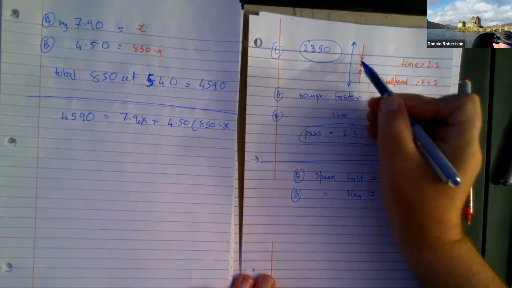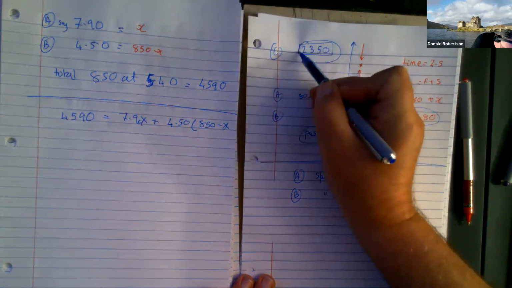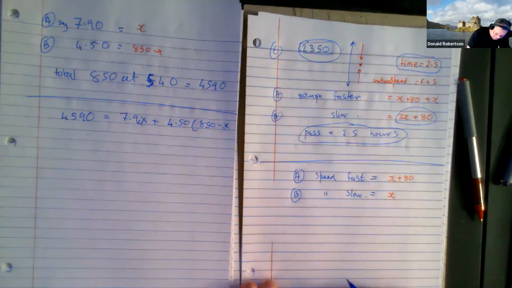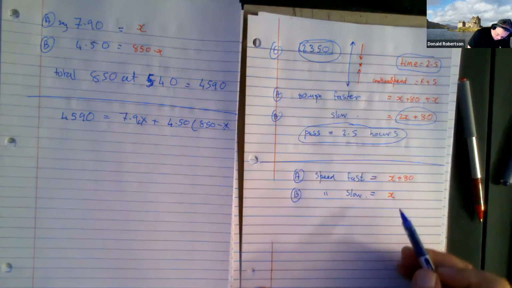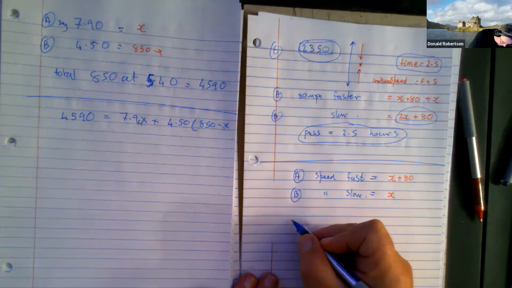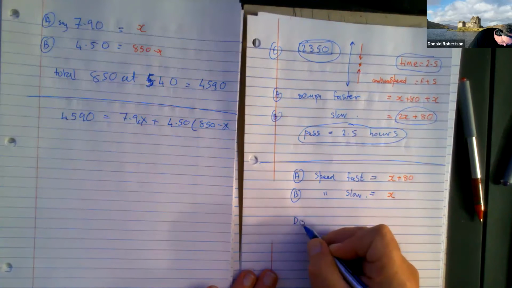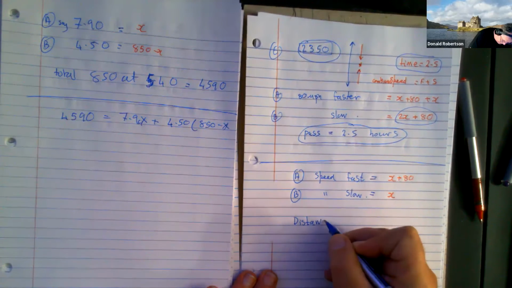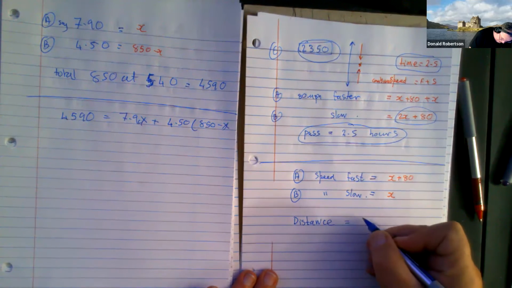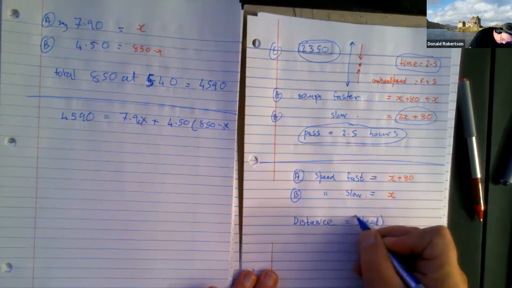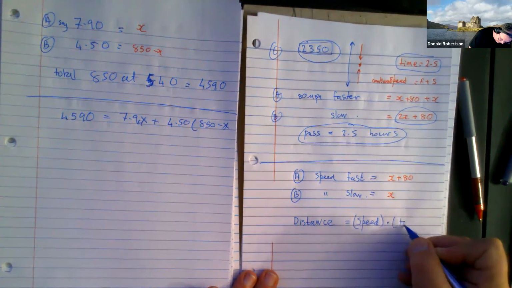Now, I know this distance in 2.5 hours. You see that? This distance in 2.5 hours, right? So if I wanted to do the distance that you would travel, the formula for distance is speed multiplied by the time.